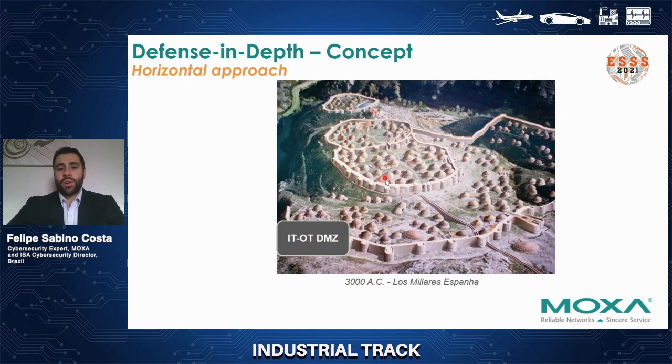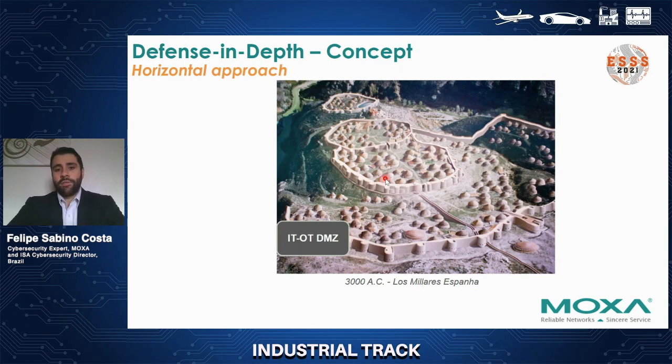So the first one that is pretty common is the IT and OT. IT is information technology, sorry, and the OT is automation technology. So these are pretty much the two main words when we talk about cybersecurity, right? The corporate and also the automation or operation.